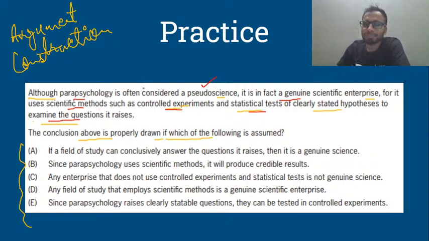Now, what are they trying to say? What is the premise? The premise is that parapsychology is often considered pseudoscience. What is the conclusion? That at the same time it is in fact a genuine science because it uses controlled experiments and statistical tests to examine the questions it raises.